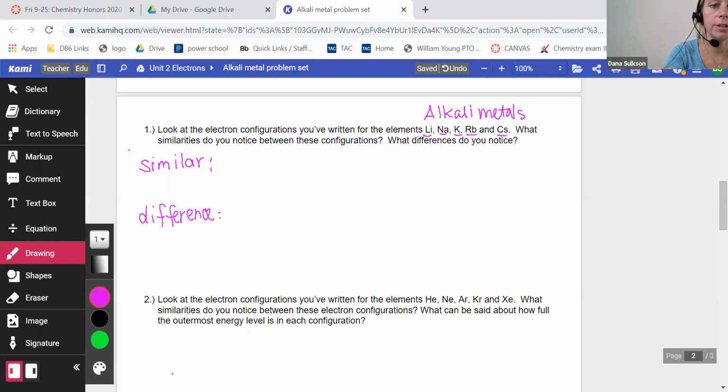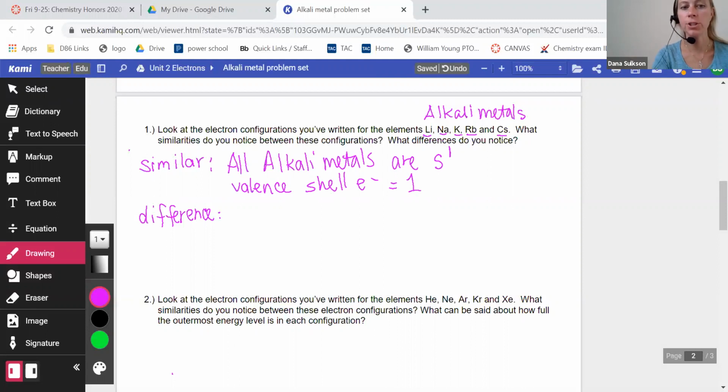So all these alkali metals are filled with the s orbital of 1 electron. Okay, so their valence shell, the last shell, valence shell electron, is 1. You know, 1 electron in its last shell.